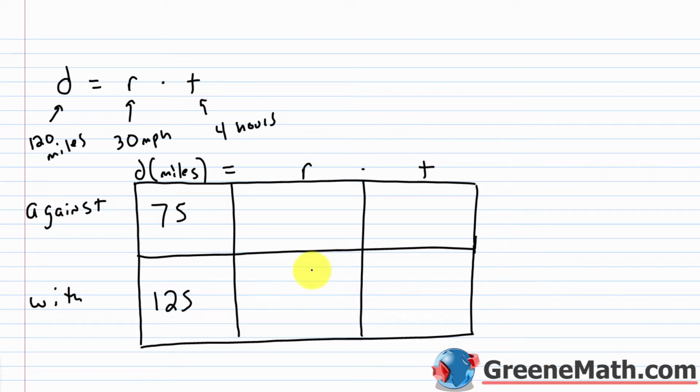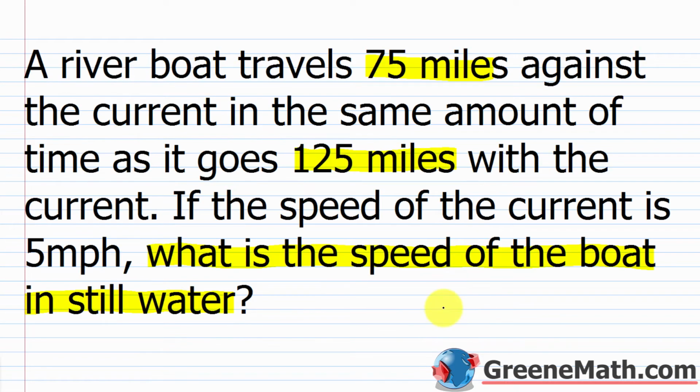So for the rate of speed, we're going to need to introduce a variable. All it tells us here is that the riverboat travels 75 miles against the current in the same amount of time as it goes 125 miles with the current. Now, it says that the speed of the current is 5 miles per hour, but that's not a rate of speed for the boat and how fast it's traveling.